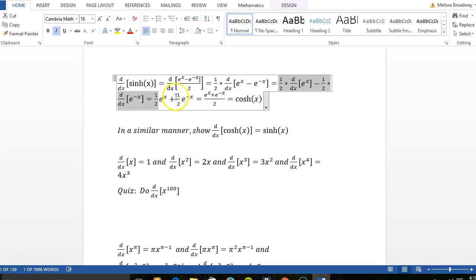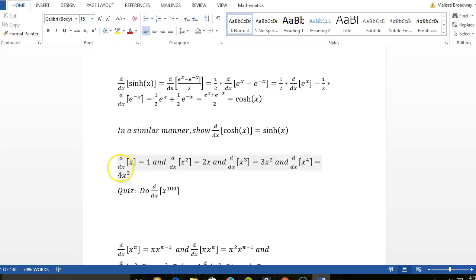So this is a plus sign after all right here. And then I get 1/2 e to the x plus 1/2 e to the negative x. But by algebra, that's just e to the x plus e to the negative x over 2. But we recognize that as the cosh. And I'll leave it for you to go the other way and show the derivative of the cosh is the sinh. It's a sinh, right?